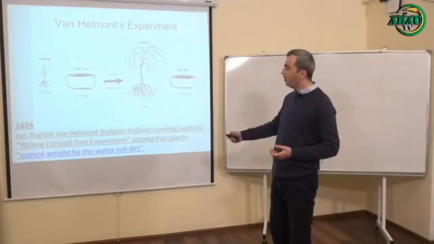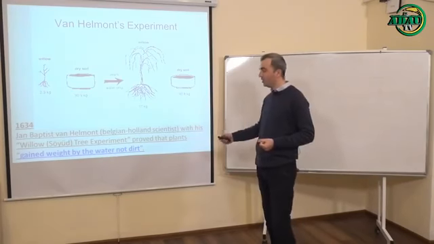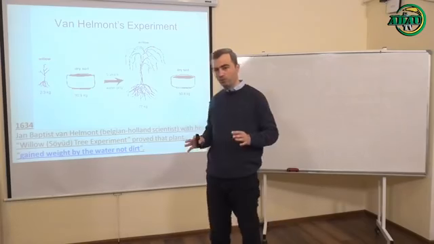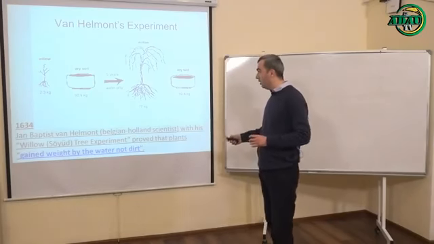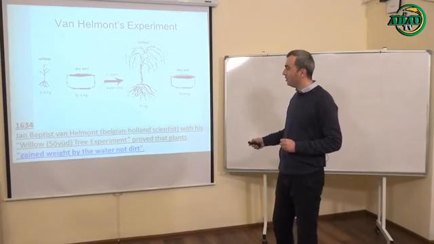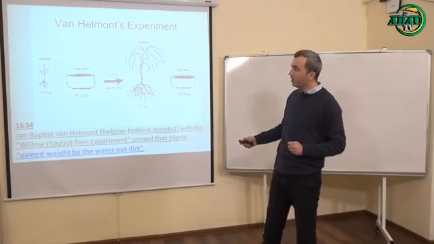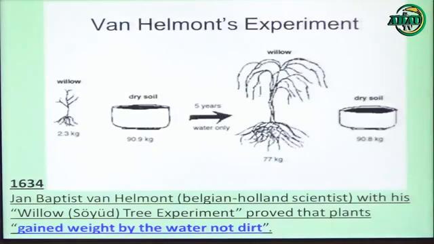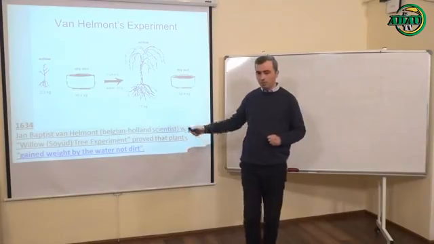During 5 years he just irrigated this soil with the willow tree, and after 5 years, without any additional nutrition provided, the willow tree weighed 77 kilograms, while in the beginning it was only 2.3 kilograms. The dry soil was also measured, but its amount stayed the same: 90 kilograms in each case.